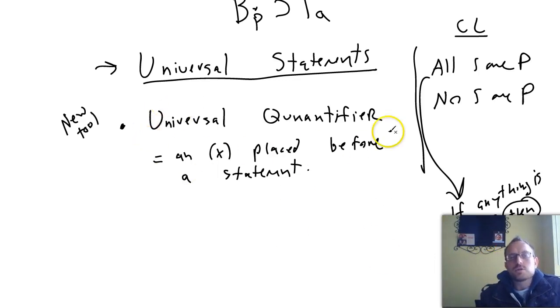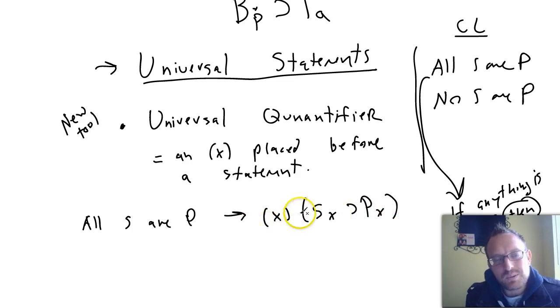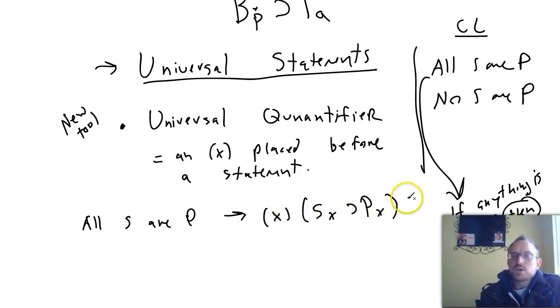And what we're going to do with the universal quantifier is we're going to symbolize it like this. So let's just take this basic statement, all S are P. How does that get symbolized in predicate logic? It gets symbolized like this: (X)(SX ⊃ PX). Now you're thinking, wait, what are you doing here? Here's how you would linguistically understand the statement.